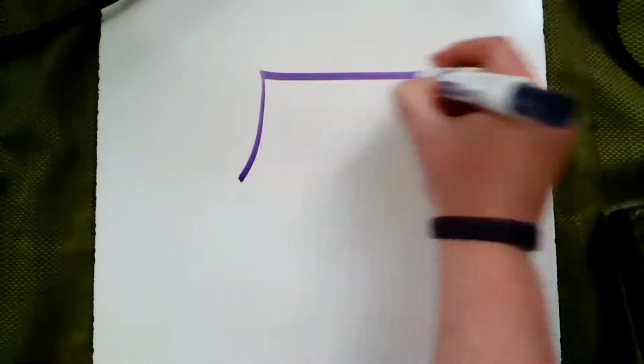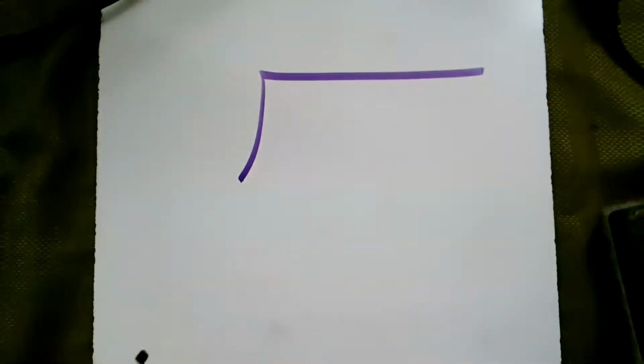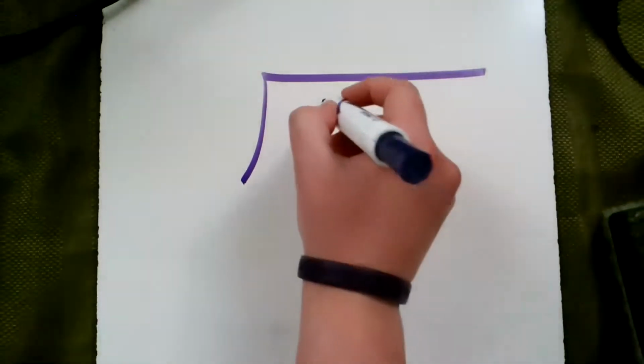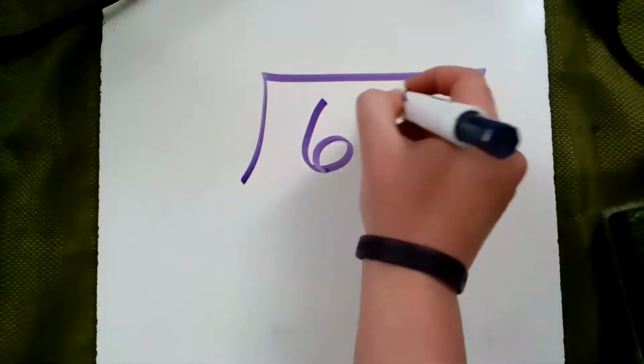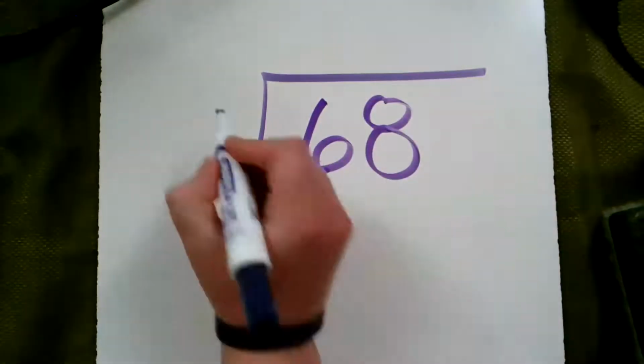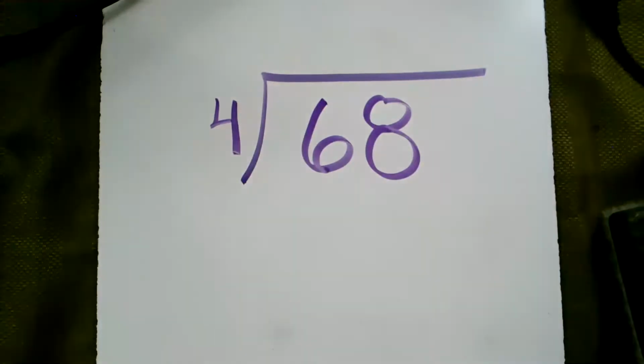All right, let's take a look using standard division. Create your house. The big number always goes inside the house, and we're dividing by 4. Same idea, zone, we're just not blocking off that space.